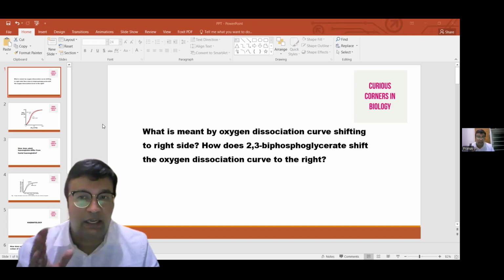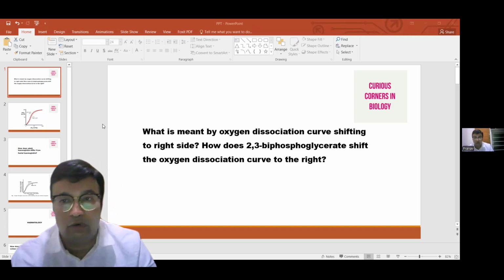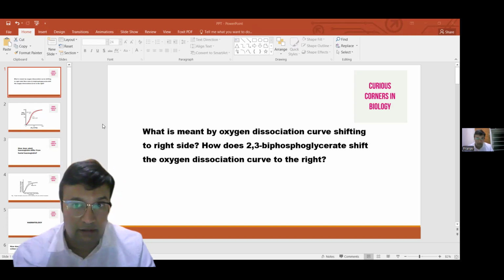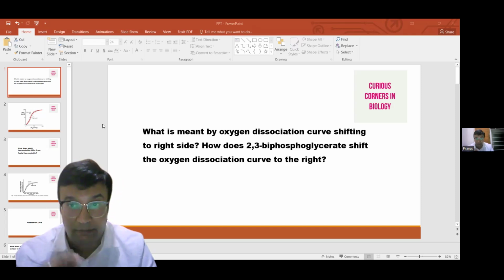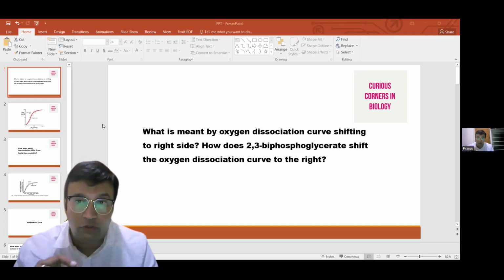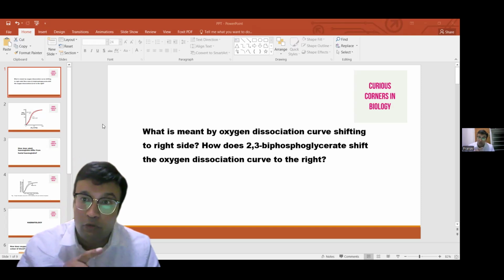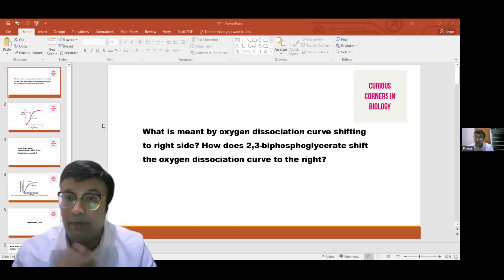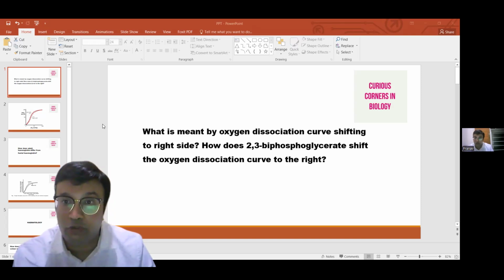Hemoglobin has natural affinity to bind with oxygen, and it forms oxyhemoglobin after binding with oxygen. But then hemoglobin also has to release oxygen to the tissues. That means there should be some trigger for hemoglobin to dissociate from oxygen, so that oxygen can reach the tissues.